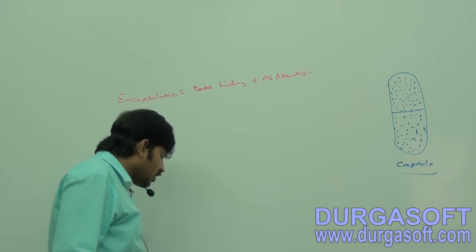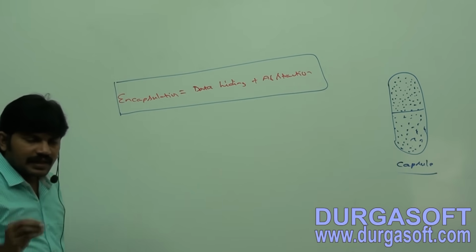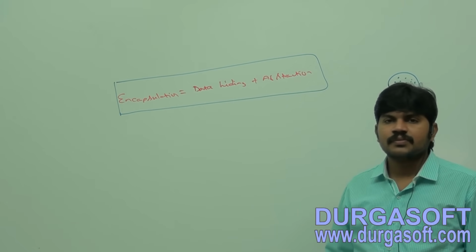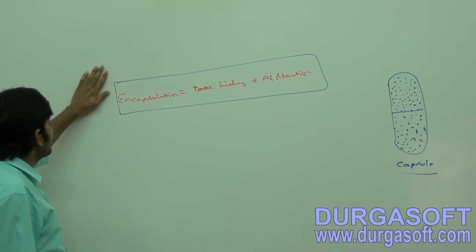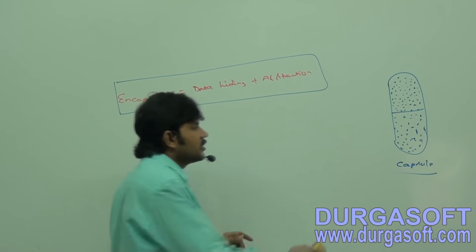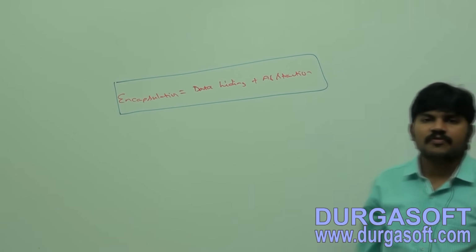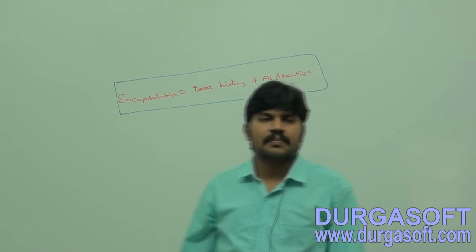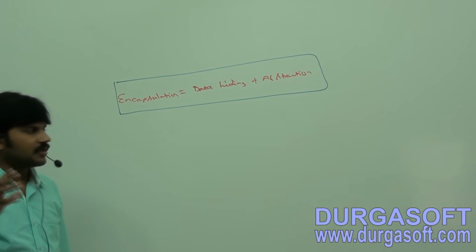First, add up to this. If any component follows data hiding and abstraction, such a type of component is said to be an encapsulated component.